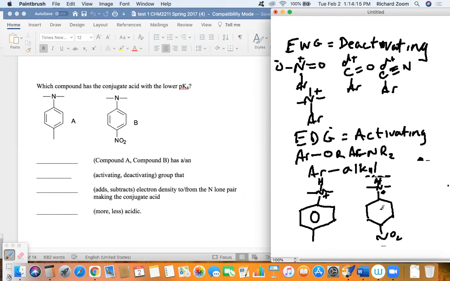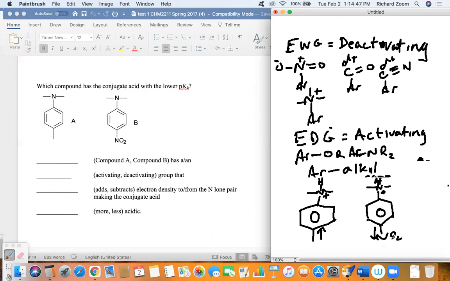Okay, so again, looking at whether we've got activating or deactivating, we can see what effect these are going to have. Now, the activating groups will always add electron density, whereas the deactivating groups will always subtract electron density. So that's where the adds and subtracts comes into play. In this case, we're asking which one is lower pKa, which one's more acidic?